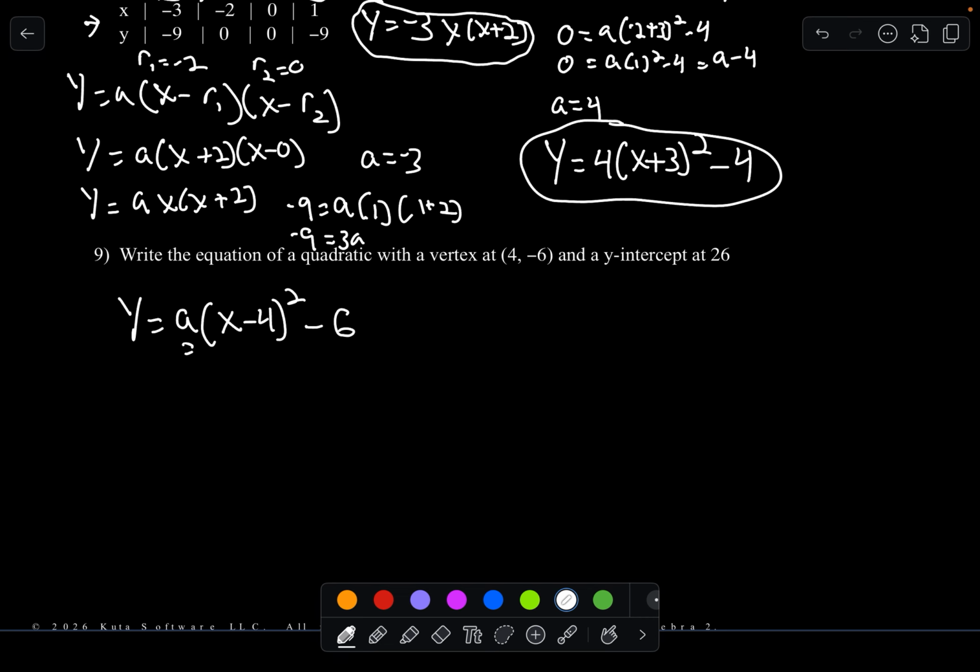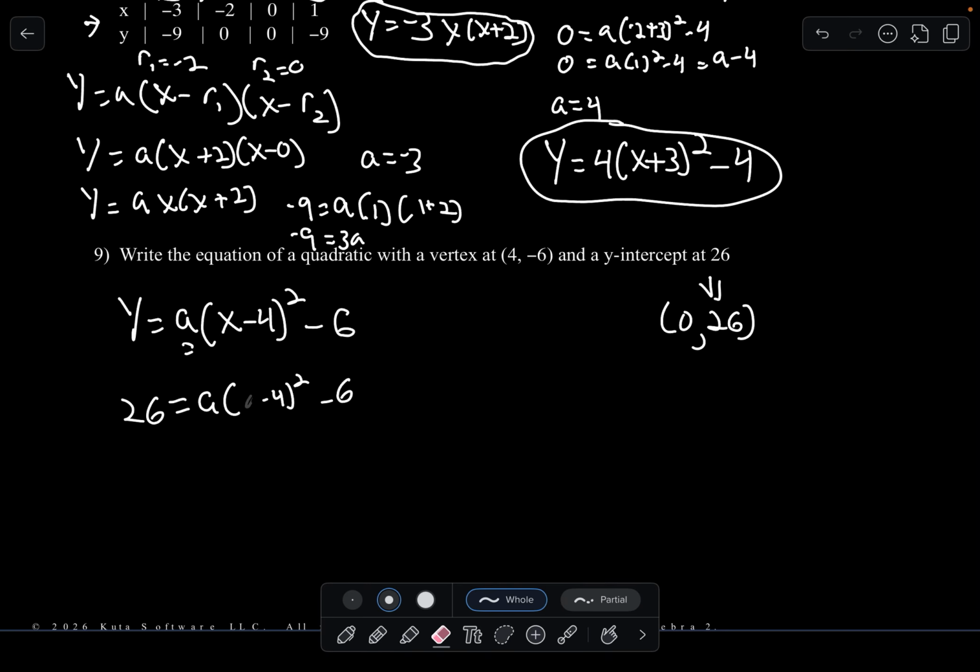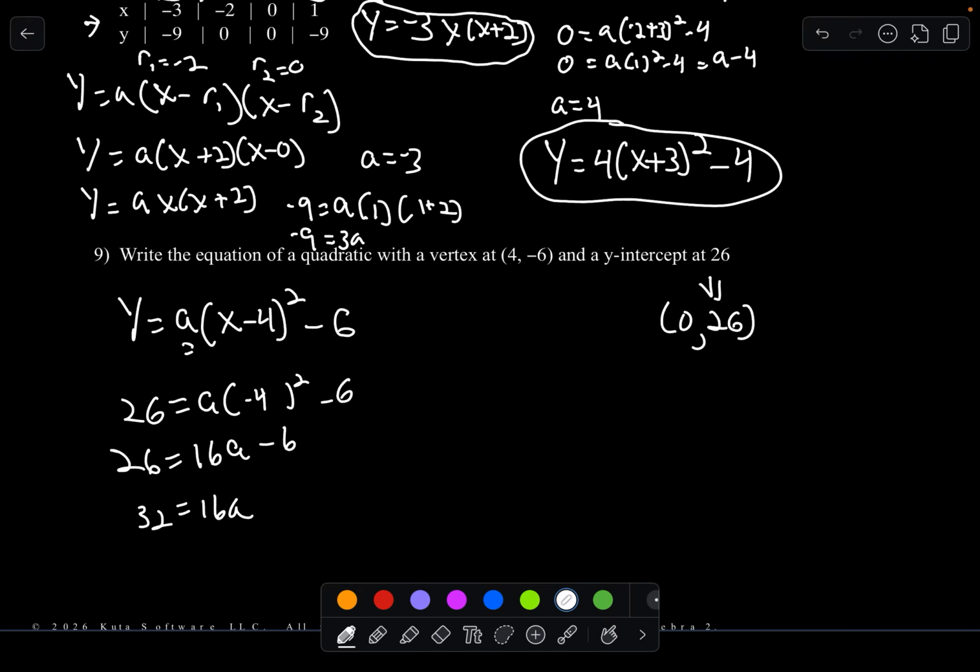We're going to use the fact that the y-intercept is 26, which means when x is 0, y is 26. So 26 equals a times (0 minus 4) squared minus 6. 0 minus 4 is just -4. And so we have 26 equals 16a minus 6, since -4 squared is 16. Add 6, you get 32 equals 16a.